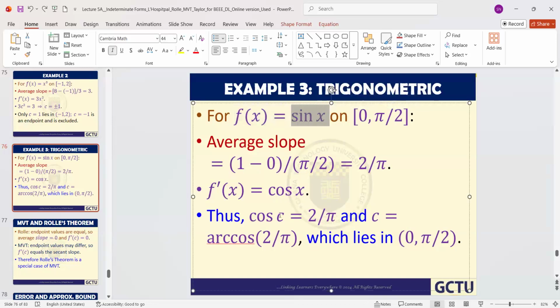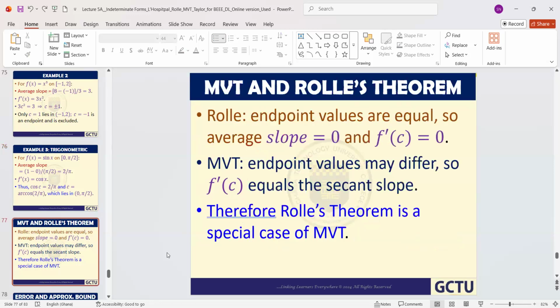If we make c the subject, cos c is equal to 2 over pi, so c is the cos inverse of that, and the answer will lie in the given interval. So in all 3 examples, you find the slope, differentiate, equate the differential to the slope, and show that the point exists in the interval.